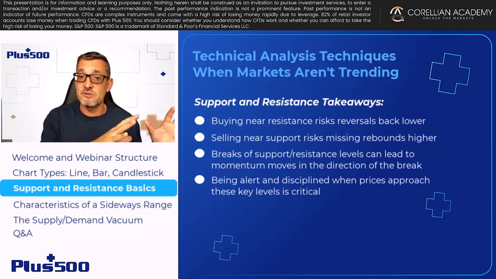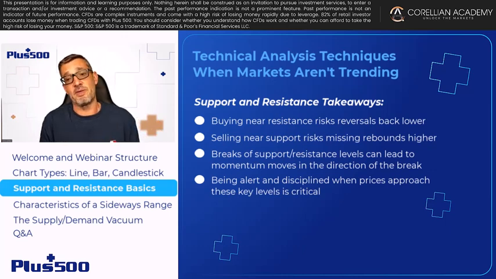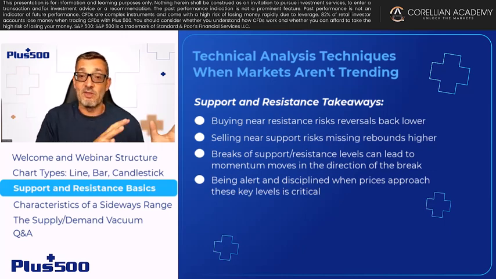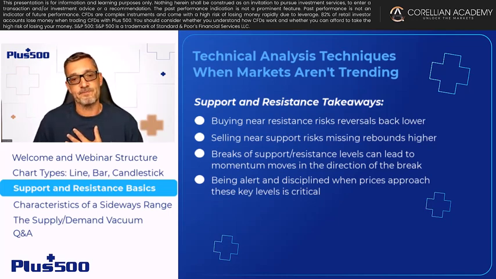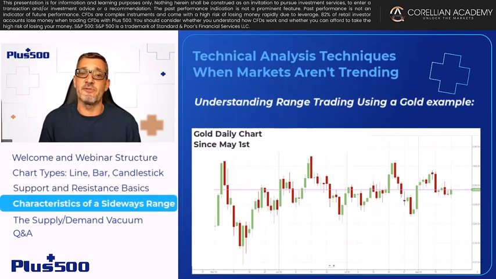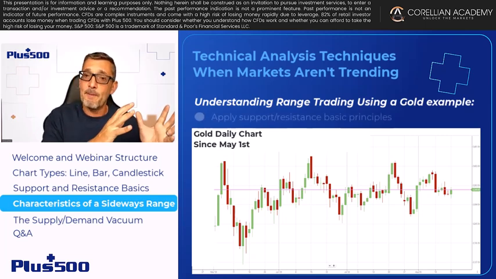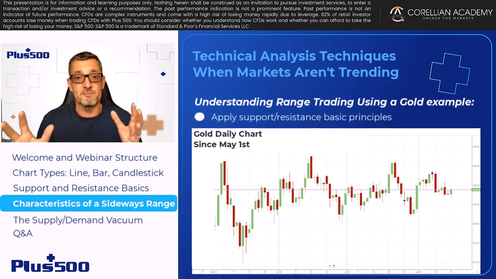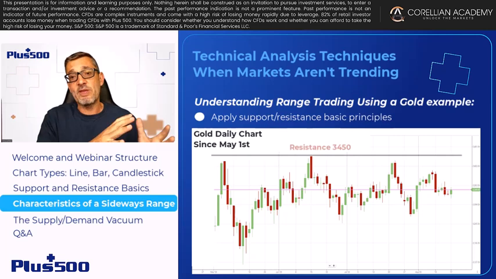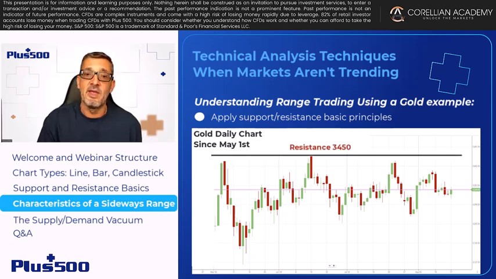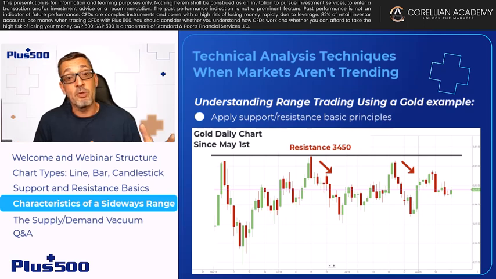But for now, let's use the price action of gold from earlier in the year as a case study to outline when support and resistance holds price activity and how we can build this into our trading strategies. Looking at the daily chart of gold since May the 1st, if we apply these support and resistance basic principles to the chart, we can see that price strength has been capped at the 3,450 level, reflecting a resistance, with price weakness developing from this area.